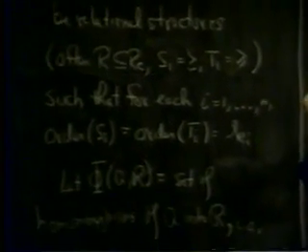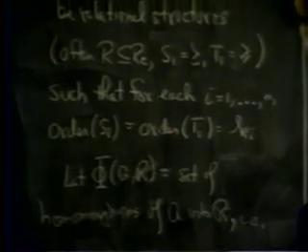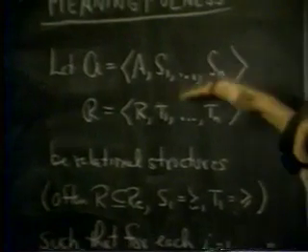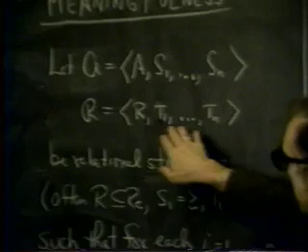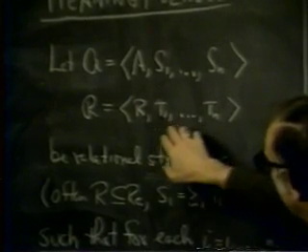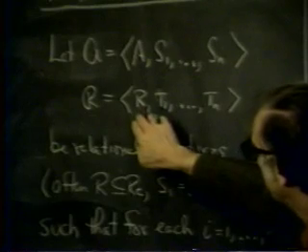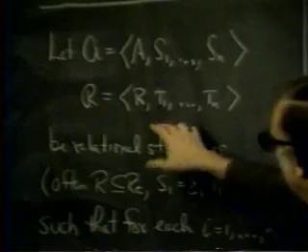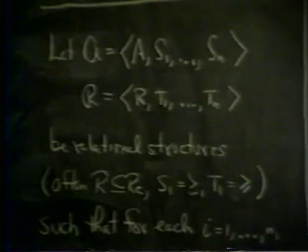I will be dealing with situations where I have a homomorphic mapping from A into R, and in general, in measurement contexts, we will think of R as being a numerical structure, so R will be a subset of the reals, and T1 in general will be greater than or equal to. But much of what I have to say doesn't require that specification.